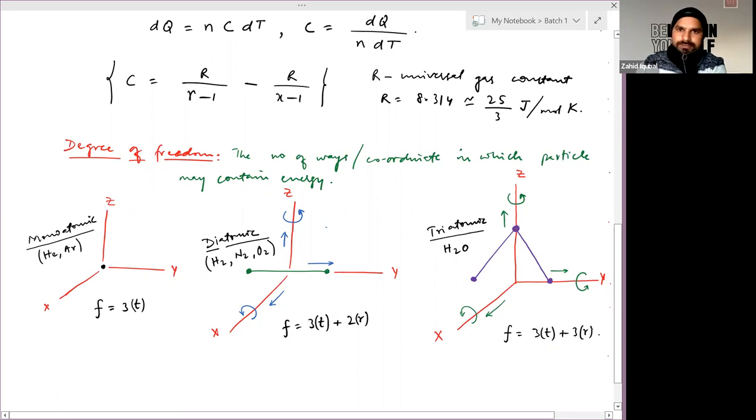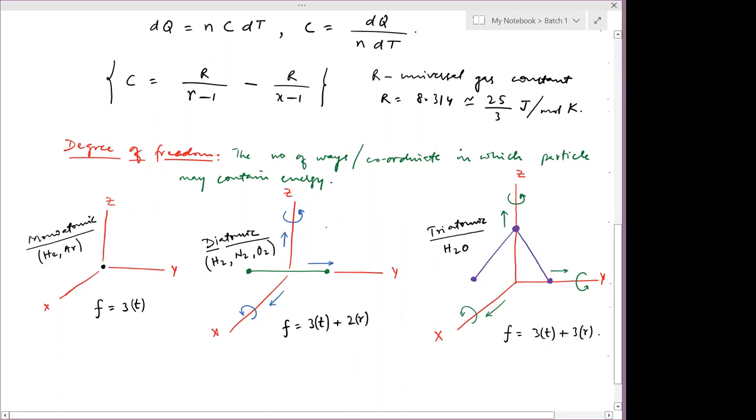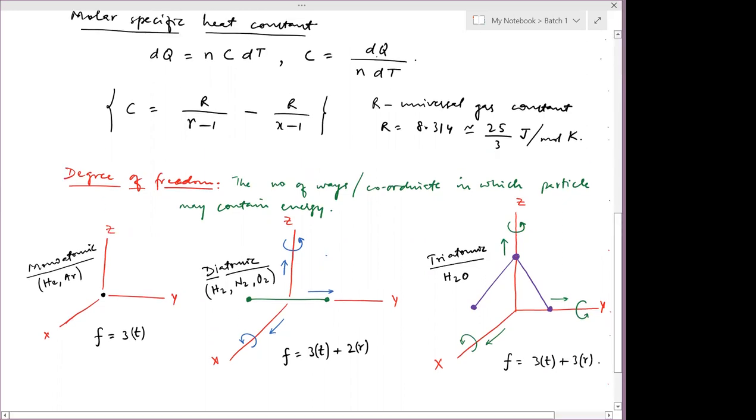Salman, any doubt? No, sir. Okay, just write it down.